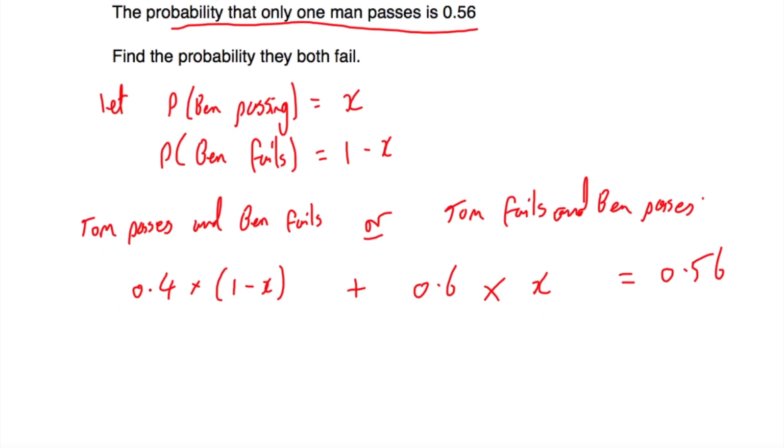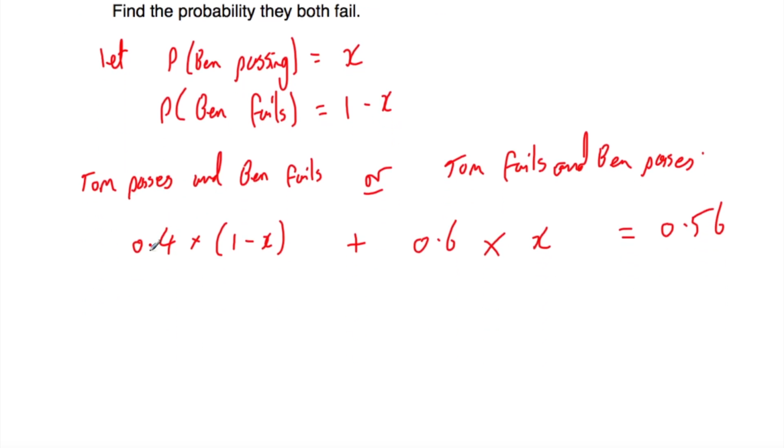Let's simplify this and see what we get. I'm just going to expand the brackets here. 0.4 times 1 is 0.4, and 0.4 times minus x is minus 0.4x. Then we've got plus 0.6 times x, which is 0.6x, and that's equal to 0.56.